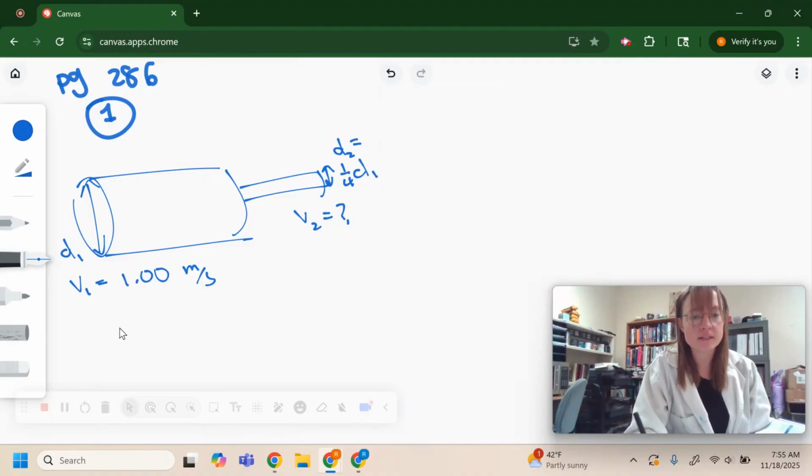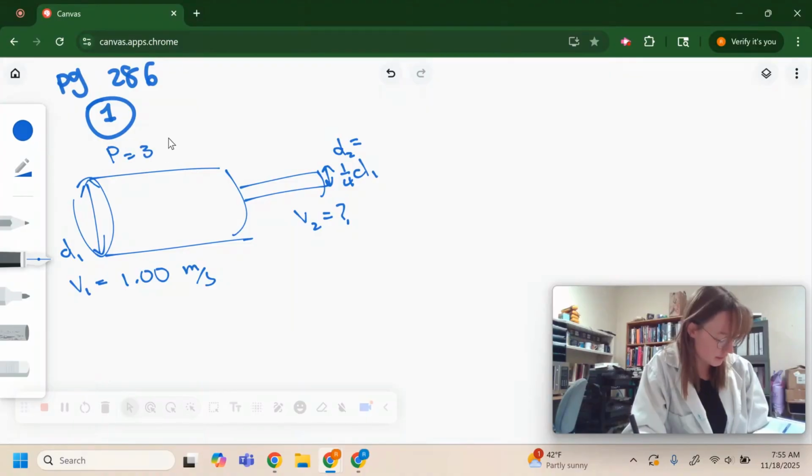It also gave us the pressure of the water in this section of the pipe, 3.00 times 10 to the 5th pascals.